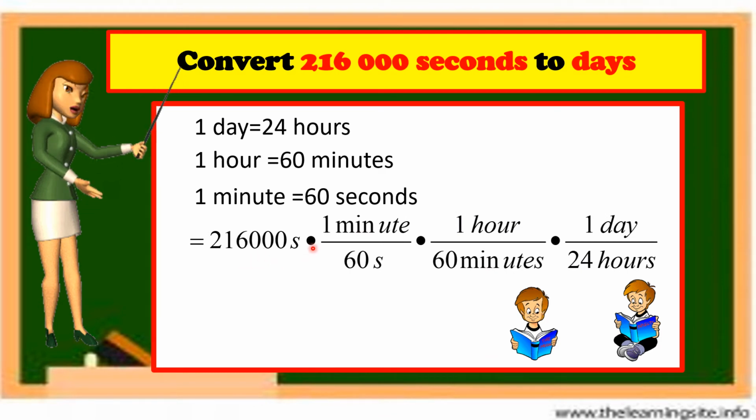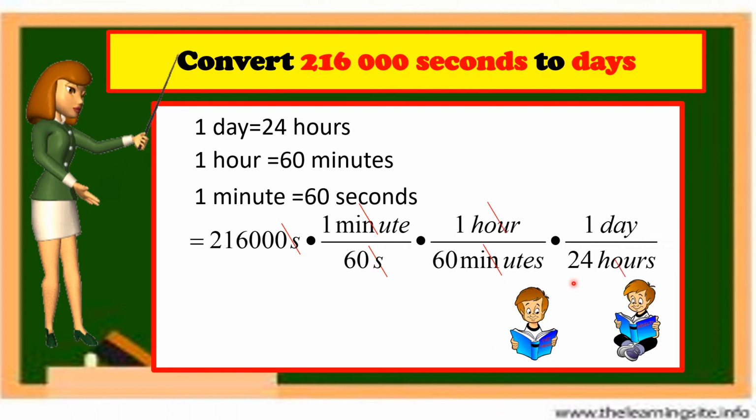216,000 seconds times 1 minute over 60 seconds times 1 hour over 60 minutes times 1 day over 24 hours. We can cancel seconds. We can also cancel minute. We can also cancel hour.